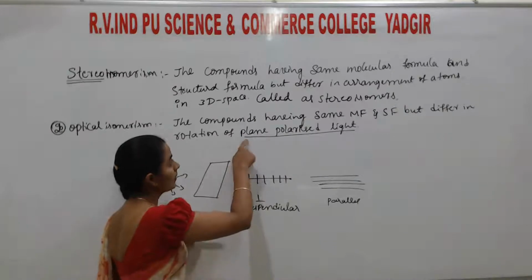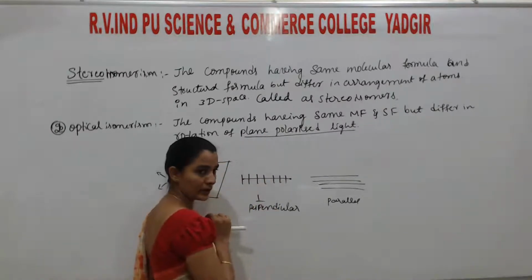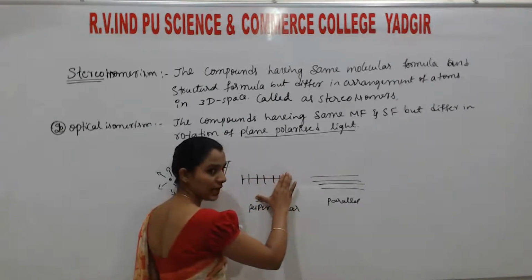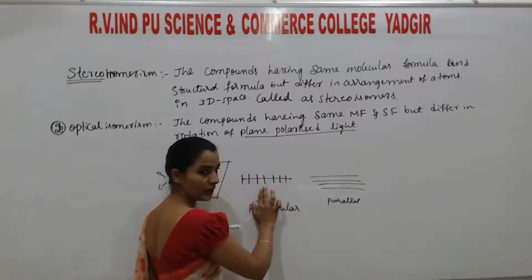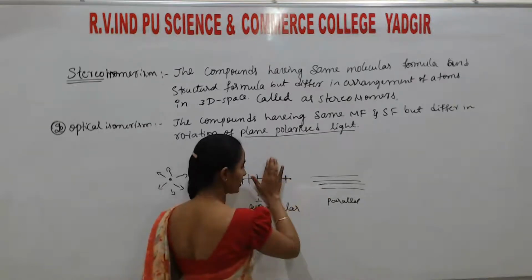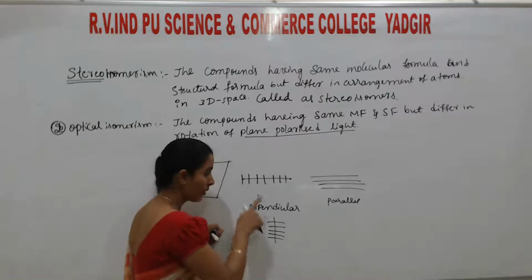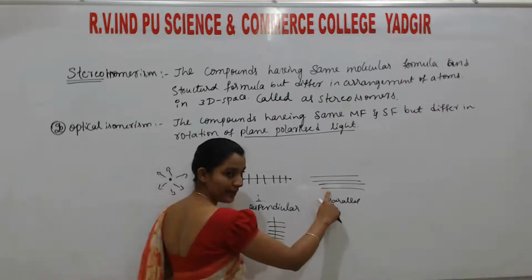So this type of plane polarized light is rotated by this type of compounds. Assume this is the plane polarized light. It is like this. If it just turns in a clockwise direction or anti-clockwise direction, this one is what? Perpendicular. So if I just turn it 90 degrees, it is like this. If I turn like this, it will become like this. Correct? Perpendicular becomes parallel. Here it is parallel.